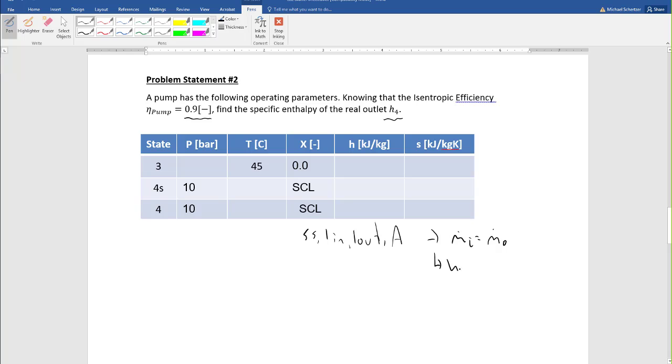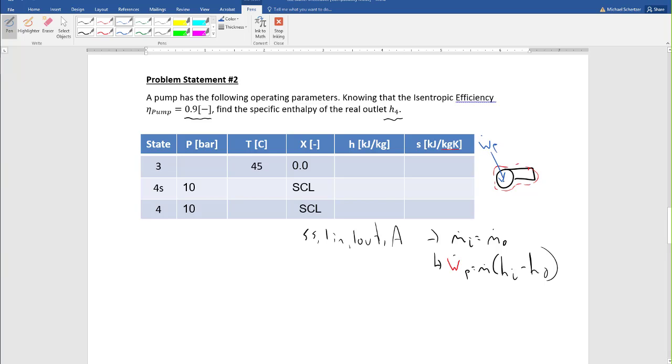And we'll also find that w dot of the pump is equal to m dot times h in minus h out. But where with the turbine we expected that power to be positive, with the pump we expect the power to be negative, right? Because the turbine is producing power, and for the pump, if I draw a schematic over here with my control volume around it, the power is going into the pump.